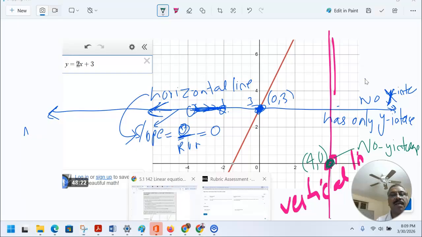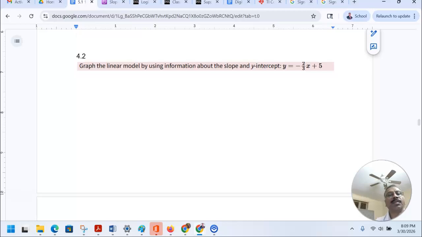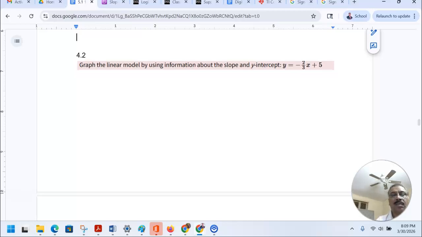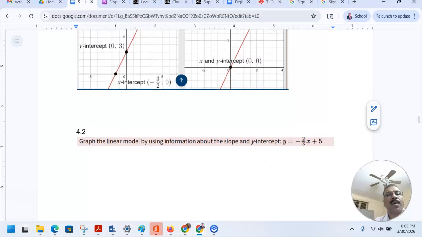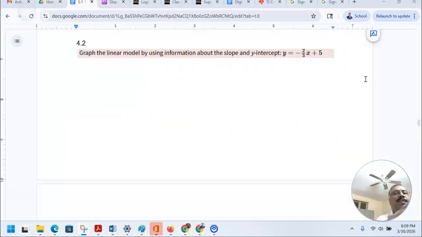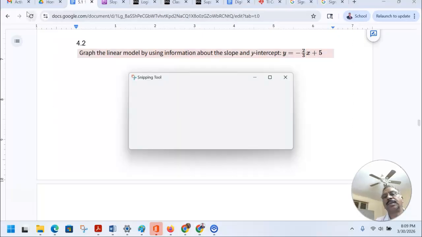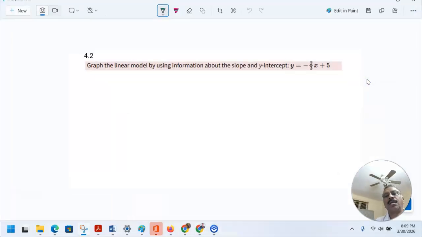So let's take example number 4.2. Graph y equals minus 2/3 x plus 5 using the slope. Graph the linear model by using the information about the slope and the intercept. I think we did this one, right? Yeah. So how do we graph this? Okay, so remember, this is y equals minus 2/3 x plus 5.